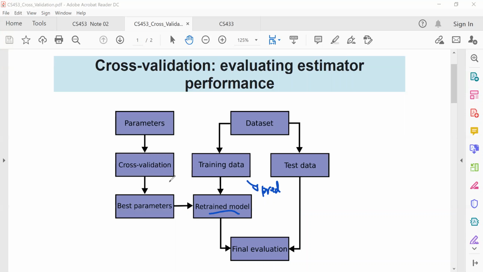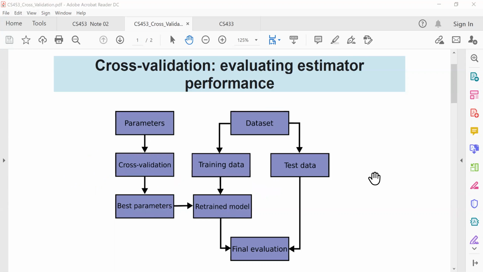It uses the cross-validation concept, and the purpose of cross-validation is to find the best parameter. So its goal is to do parameter tuning, so that you can pick the best parameter, then retrain the model, then do the final evaluation.